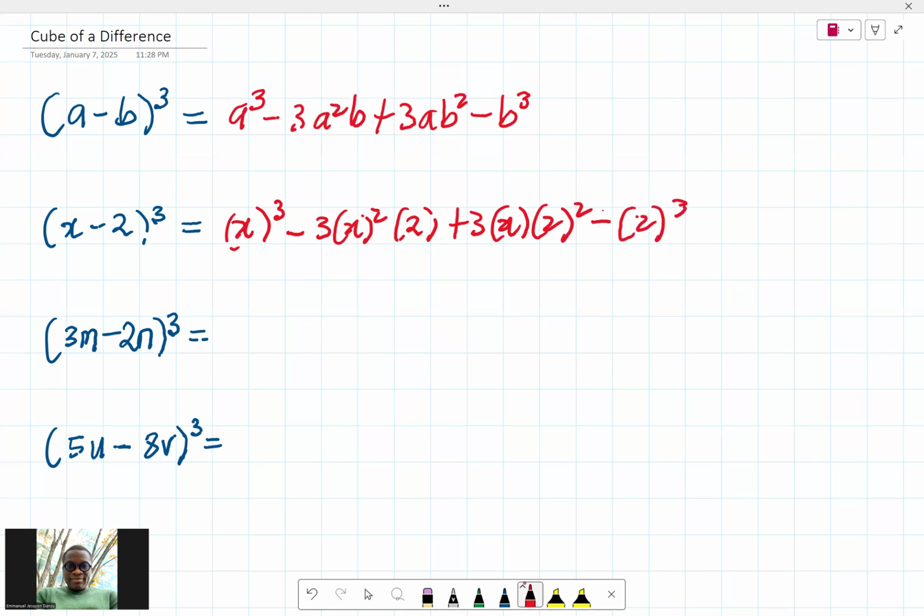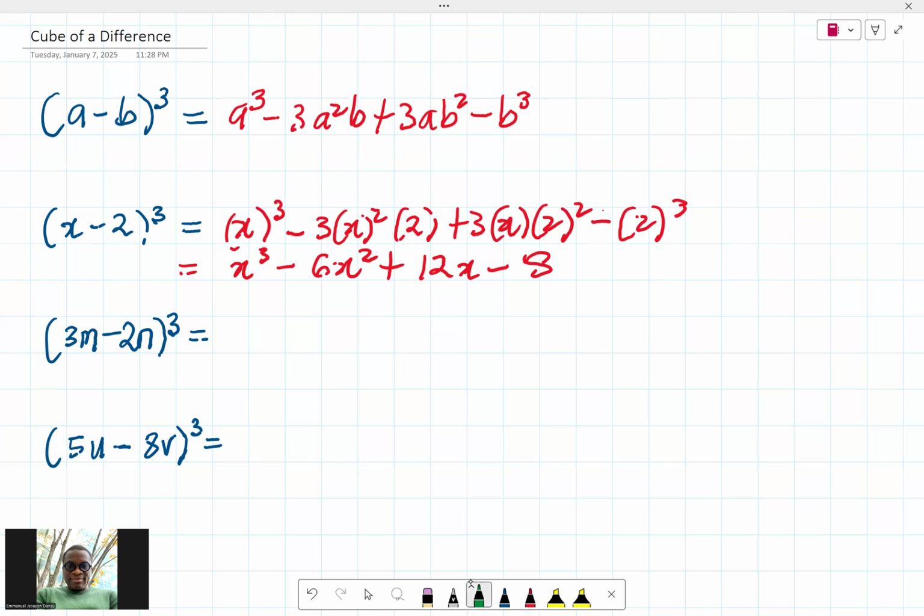So plus minus like that. So x cubed, 3x squared 2, 3x 2 squared, minus 2 cubed, and all of that is just going to be x cubed minus 3 times 2, that's 6x squared, then plus 2 squared is 4, 4 times 3 is 12, so you have 12x, and finally 2 raised to power 3, that is 8, and that goes.